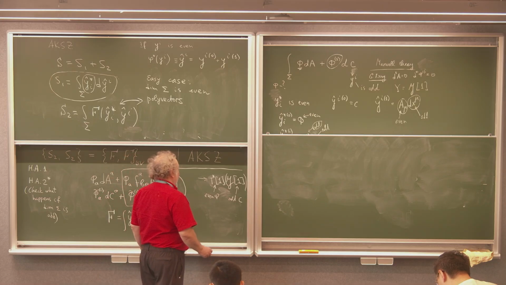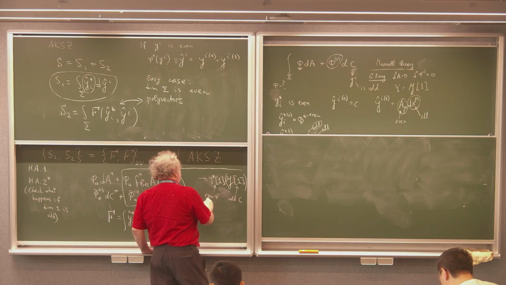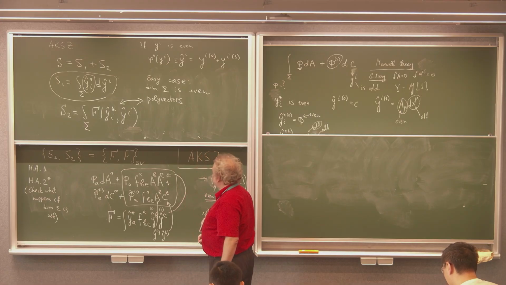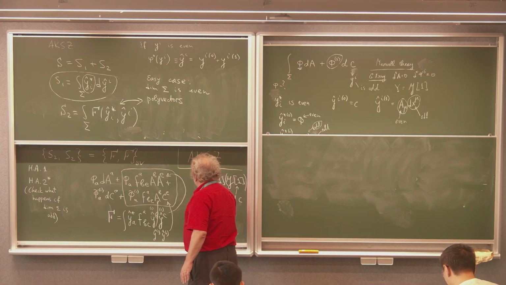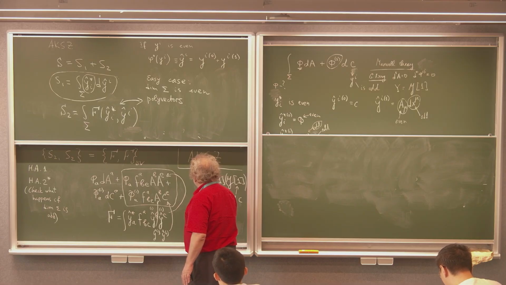The opposite way would be to say that we have co-algebra G star that is even. And here, G star shifted by 1.